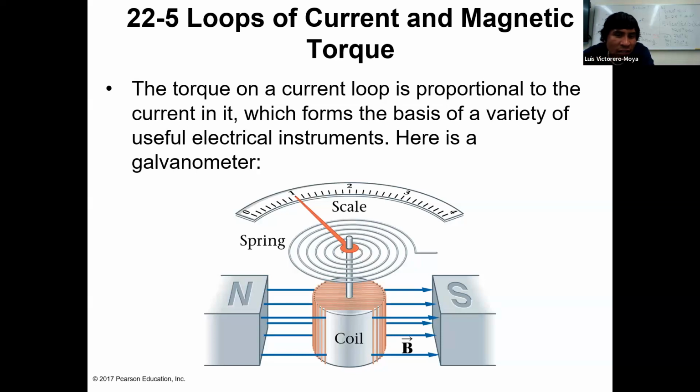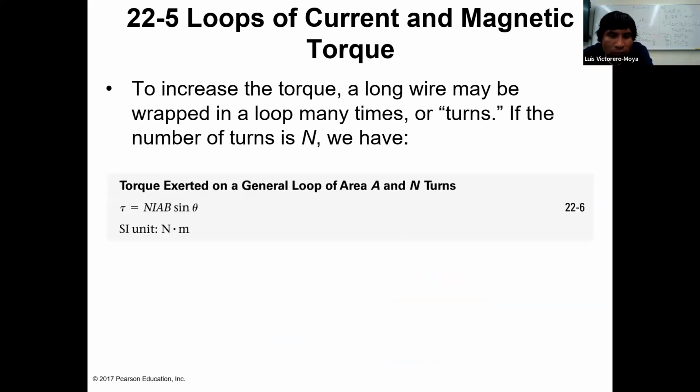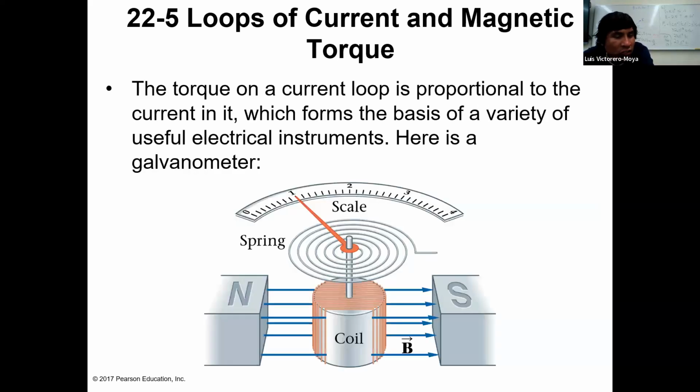That rotation can make the needle move. But by how much? Well, according to the current, right? The more current, the more torque. So the needle will move the most if there is more current. That's how you can measure current. You can measure current by the amount of rotation. The amount of rotation will move the needle to 1 ampere, 2 amperes, etc.